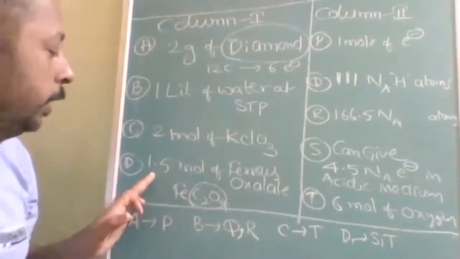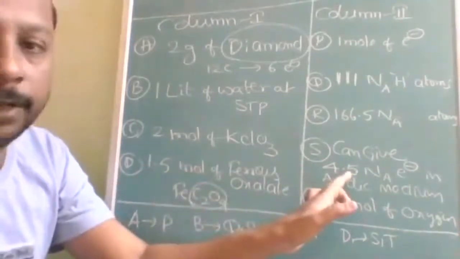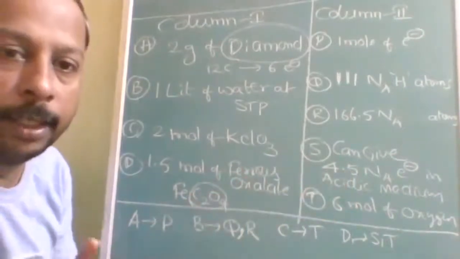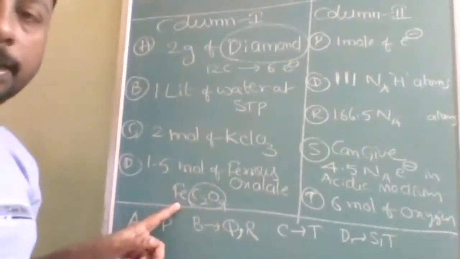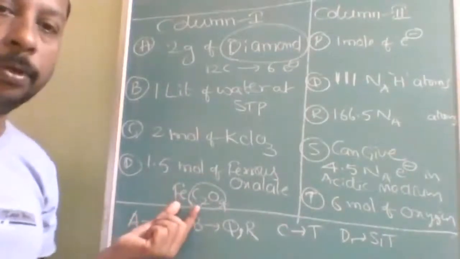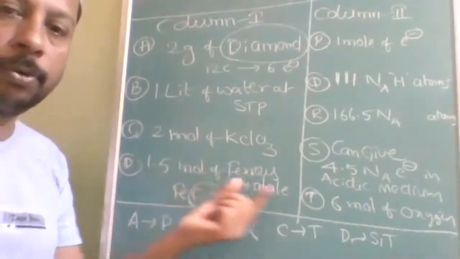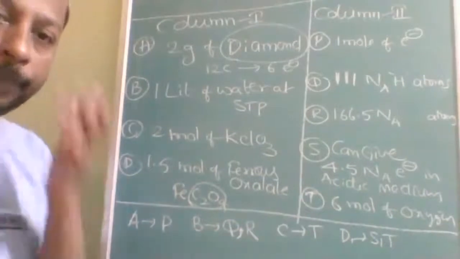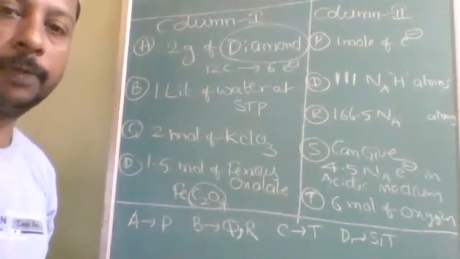Accordingly, 3 into 1.5 gives 4.5. The 2 carbons, each giving 1 electron, will give 2 electrons, and ferrous will be converted to ferric, giving 1 electron, total 3 electrons per 1 mole. But here how many moles are there? 1.5 moles. Therefore, the total number of moles of electrons will be 4.5 moles. 3 into 1.5, that is 4.5. Is that clear? Okay, shall we proceed to the next question?